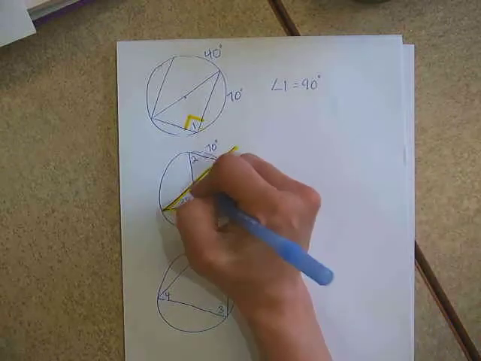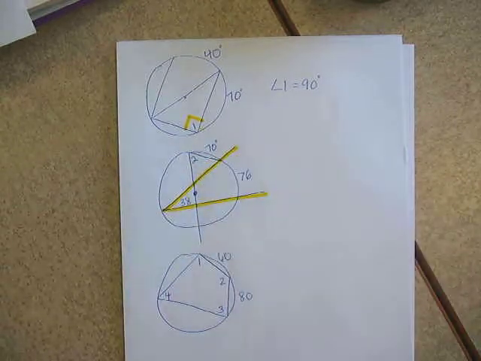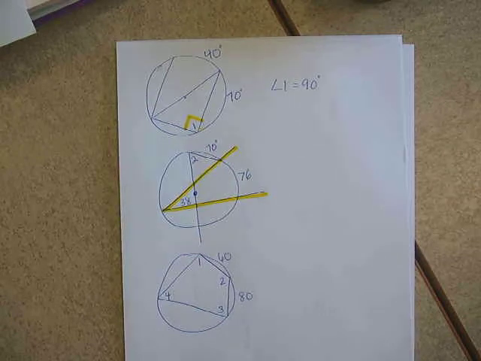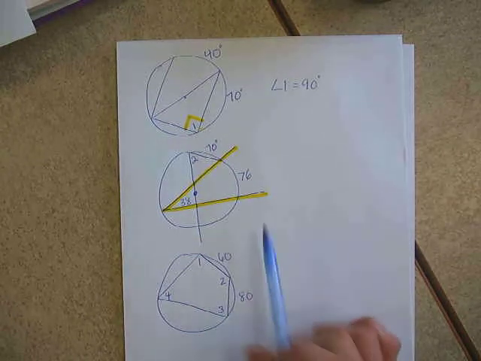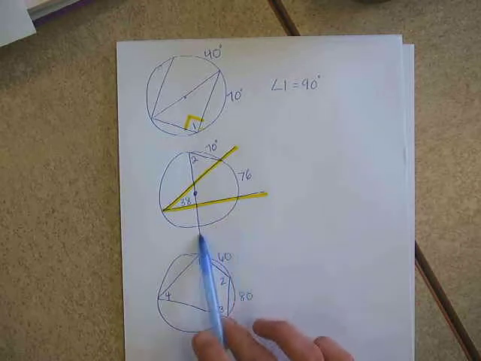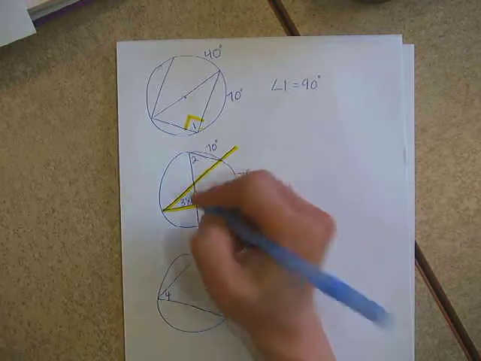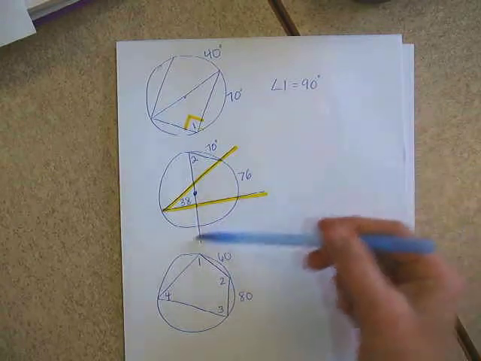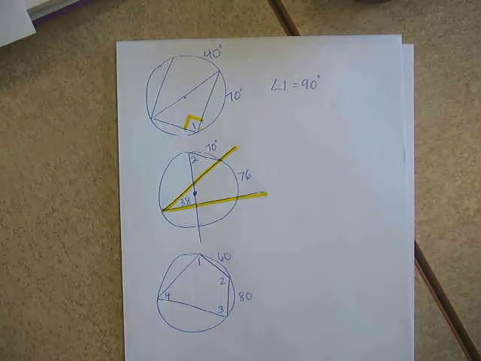Oh, you know what? It would help if I would have drawn this properly, but let's call this a diameter. So we didn't really need all of that. Okay, what would this be?